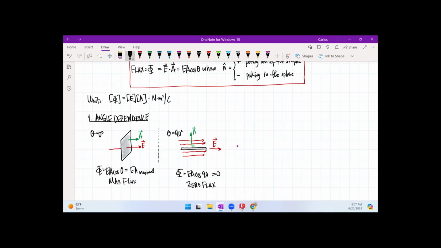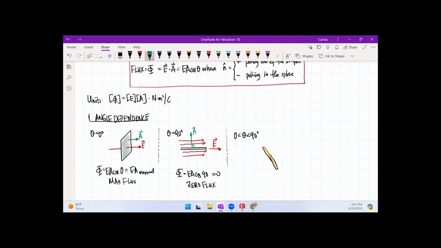And then finally, if I have an angle theta between 0 and 90 like that, then I have a tilting rod or rectangle, excuse me.